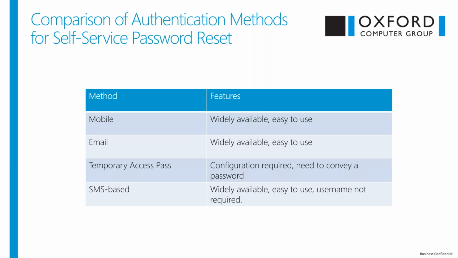And SMS is probably my favorite, because the user can just log in and doesn't even have to know their username. None of these require the user to know the password, other than temporary access pass, which will have to convey something. So between mobile, email, and SMS-based, those are probably the best options to use for any kind of automation of new people, of new hires.